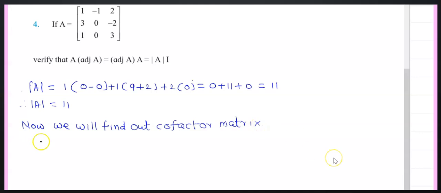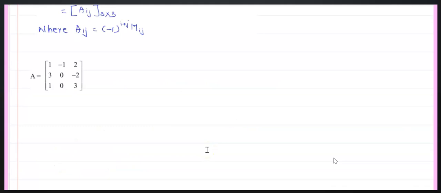The first is that capital A is equal to Aij, 3 by 3, where Aij is equal to minus 1 raised to i plus j, Mij. Therefore, we find out one by one.